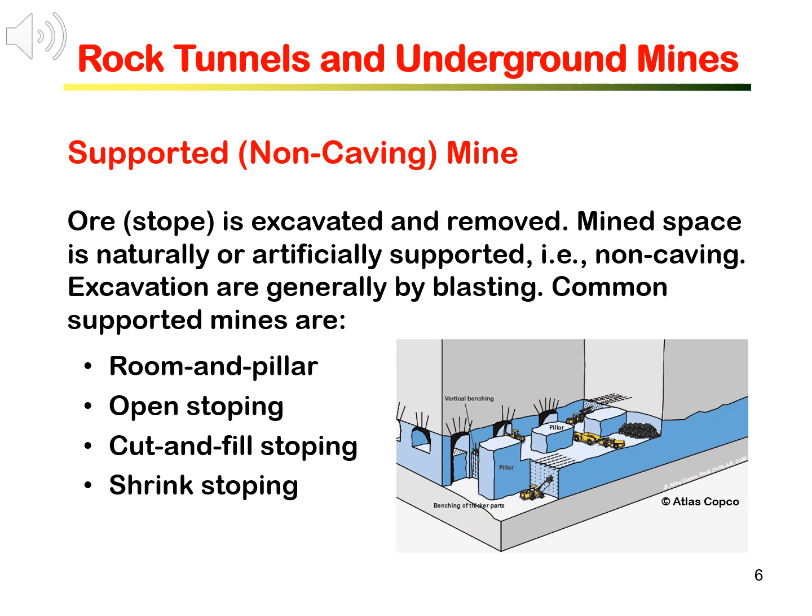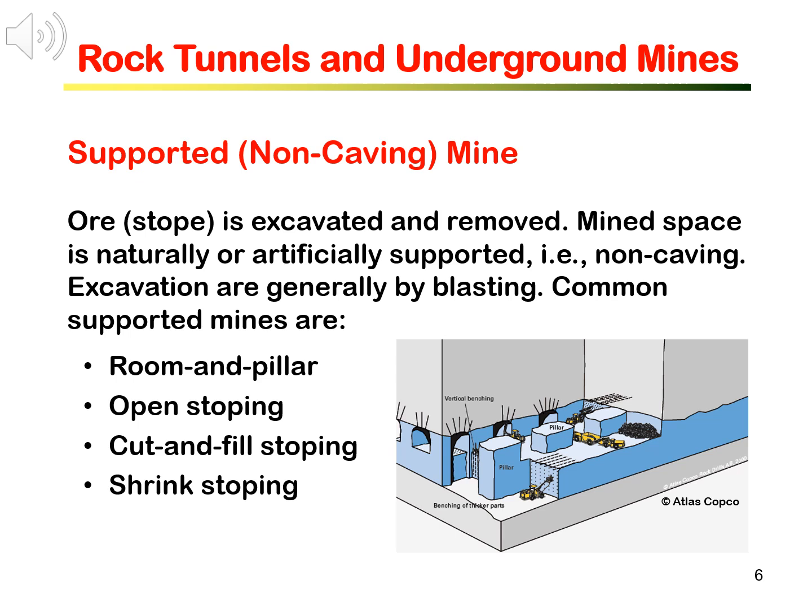Room and pillar mines are the best known naturally supported mines, and is illustrated in the drawing on the right. Those mines are standing without collapse for hundreds of years, and you can visit many of them around the world, and some of them are world heritages.